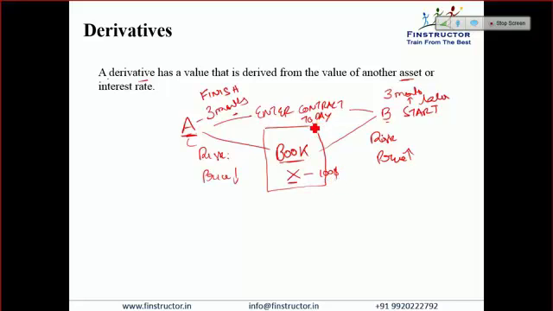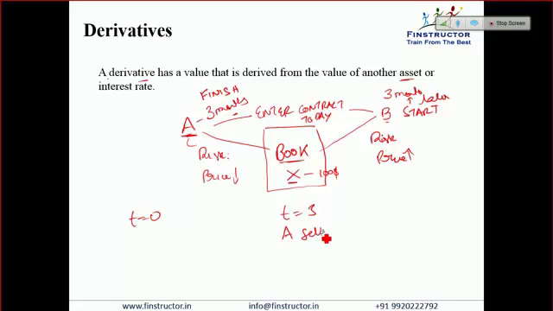So the contract is happening at t equal to 0. That is, today A and B are entering the contract that A will sell the book for $100 and B will buy the book for $100 3 months later.